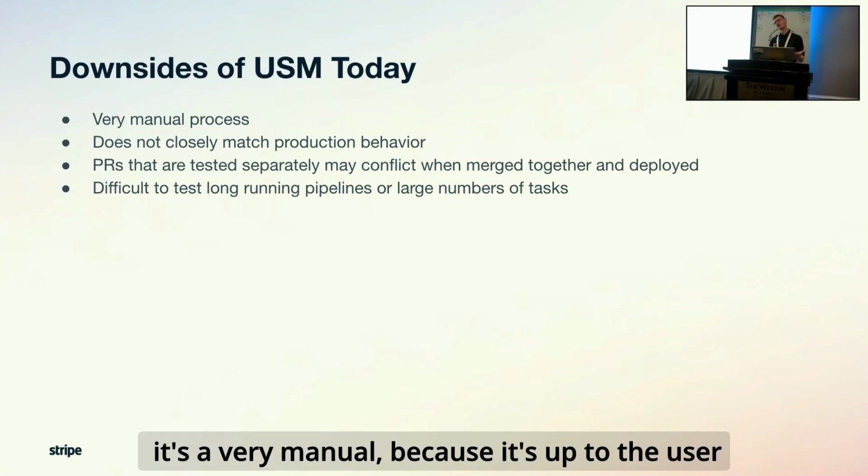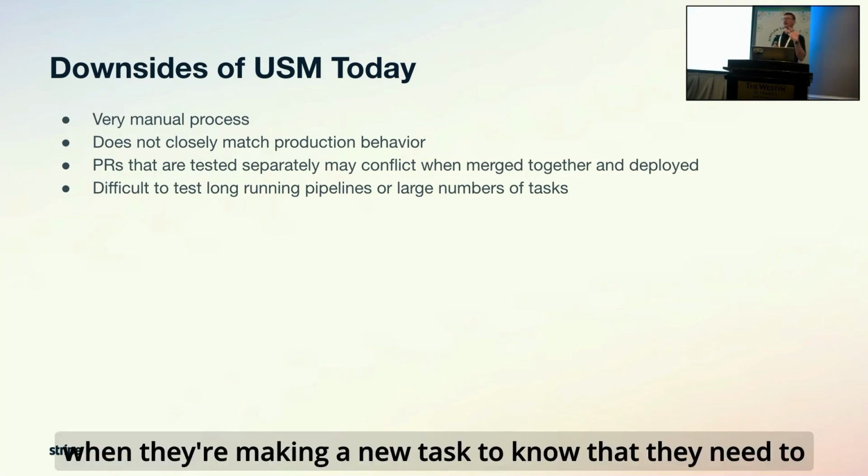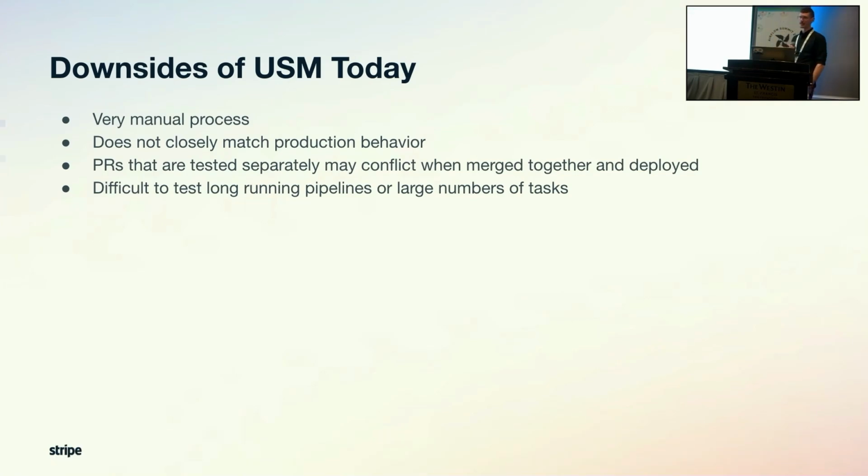It's up to the user, when they're making a change to a task, to know that they need to go run the tool for checking if the output is what they've expected and things like that. As well, it doesn't match the behavior of the way that production Airflow works very well. The tools that we use to run the USM are an entirely custom thing that we have built internally at Stripe.